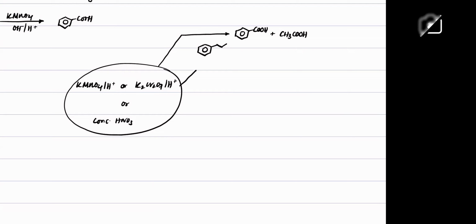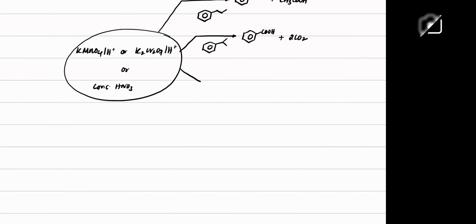Second, if you have it like this, then here also it will become COOH plus 2 moles of CO2. Single carbons will convert into carbon dioxide. If you already have a double bond also, that will help it even better to convert that into carboxylic acid.